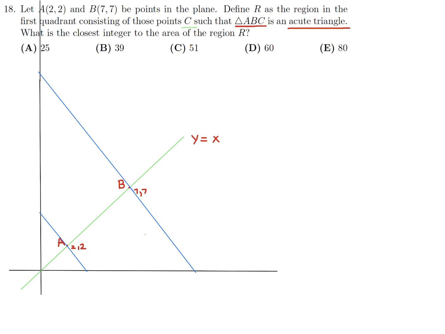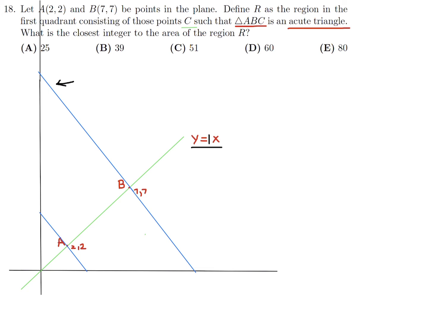All I have to do is figure out the area of, it looks like, two triangles, and subtract them. But to do that, of course, first I need the coordinates. Then I can work from there. The equation of this line you can easily figure out. Its slope is going to be the negative reciprocal of this one, because it's a perpendicular line.